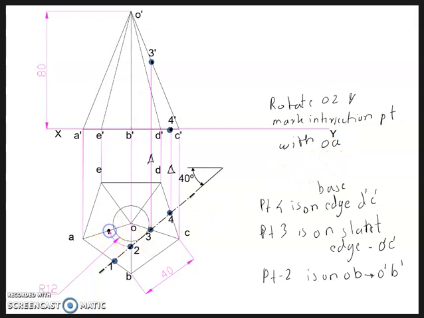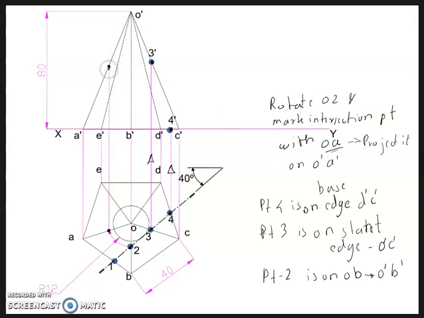Now from the intersection point, drop the projector vertically up. And again mark the, so the point was transferred on edge OA. So you are going to project the point. So project it on O dash A dash, obviously. Alright, so it is transferred to OA, so it is being projected to O dash A dash.